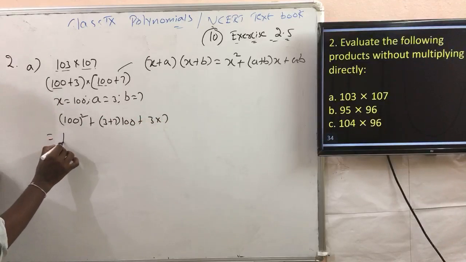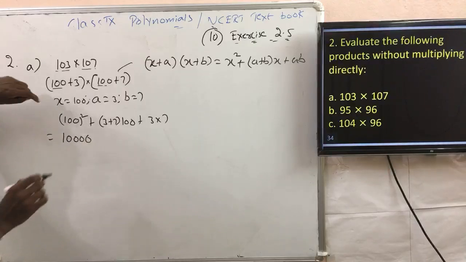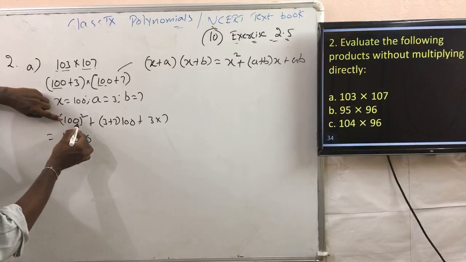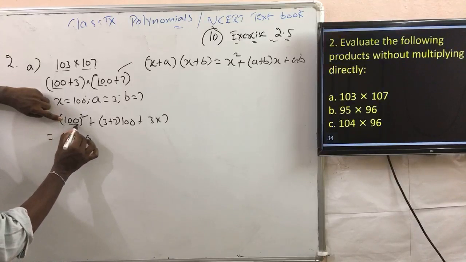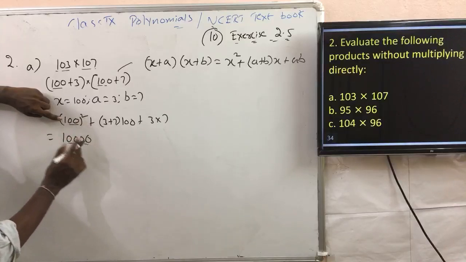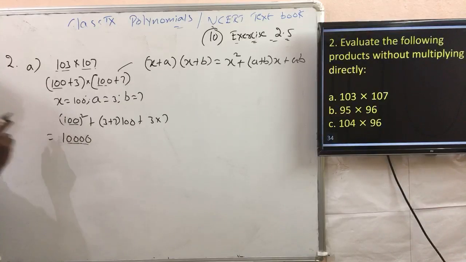100 square is nothing but 10,000. Remember one thing, when you are multiplying hundreds or thousands or tens, first of all double the zeros. We have two zeros here. On squaring, the zeros will be doubled, and write the square of the 1. If you have 2 it means 2 square, if you have 300 it means 3 square. So 1 square is 1 itself.